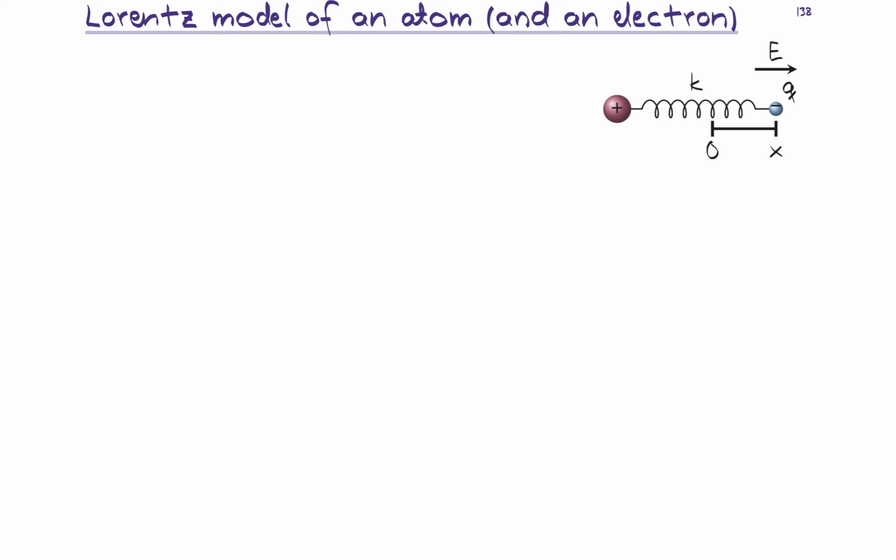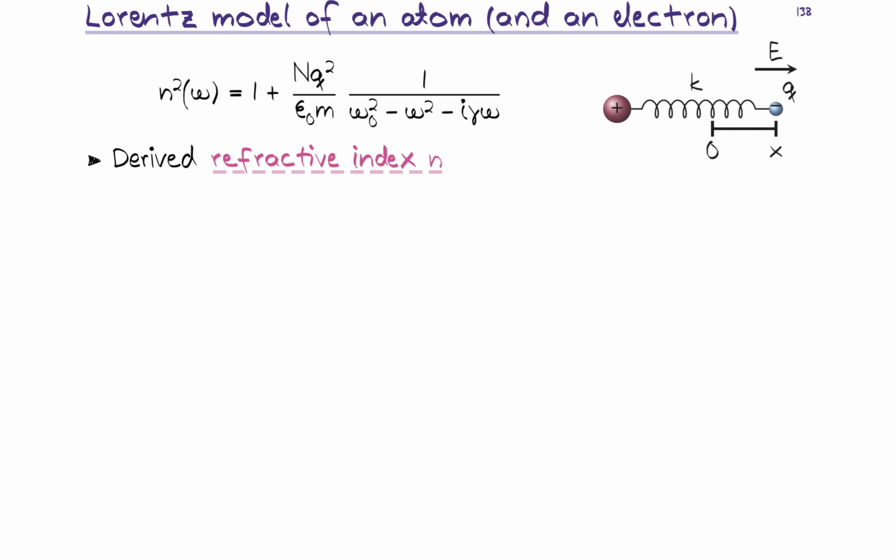Now let's move forward. We have this equation that we did not derive, but I just showed you. The physics that comes along with this extension of the model is that we now have the derived refractive index profile, and as we can see, we have the i there. This refractive index is a complex valued function.